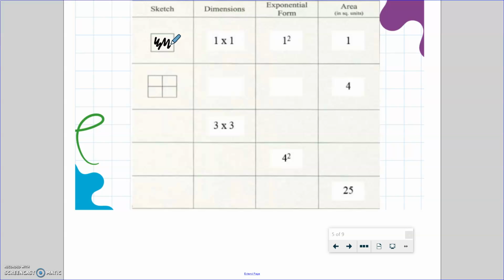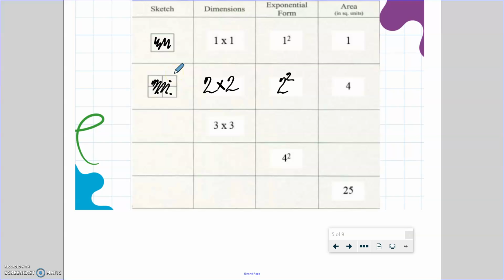Now here, I have another sketch. This sketch, I have a 2 by 2. And in exponential form, this would be 2 squared. 2 times 2 is 4. 2 squared is 4. The area of this square is 4. 1, 2, 3, 4. Okay? 1, 2, 1, 2. 2 by 2.